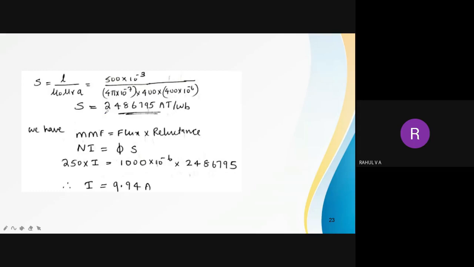So I'm getting something like this: 500 into 10 raised to minus 3, divided by 4 pi into 10 raised to minus 7 into 400 into 10 raised to minus 6.